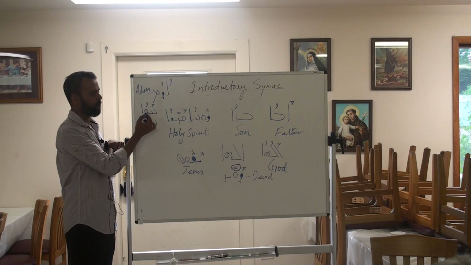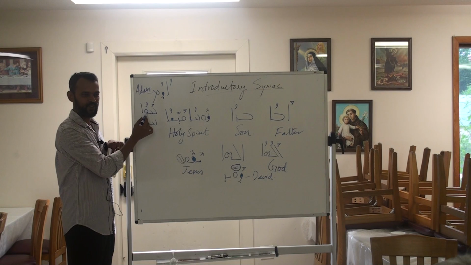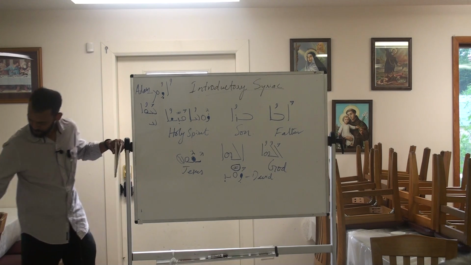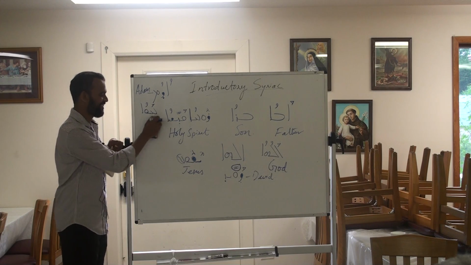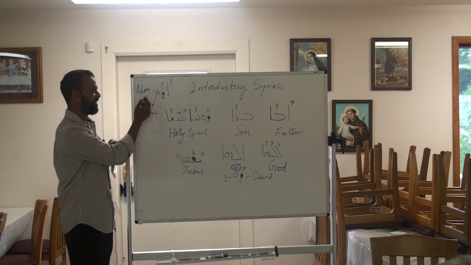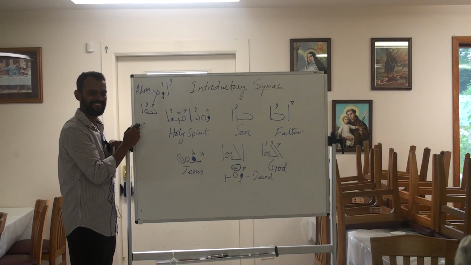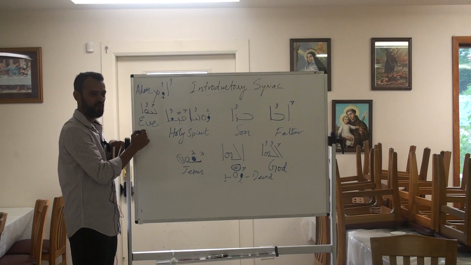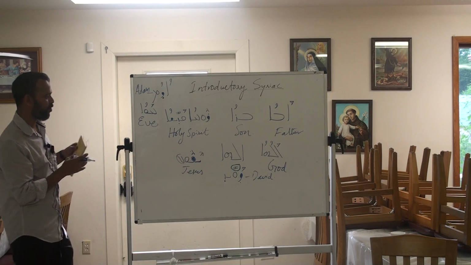Ha. Wo. Ha wo. Who should be that? This is his wife. Eve. Hawa. Eve. Hawo.